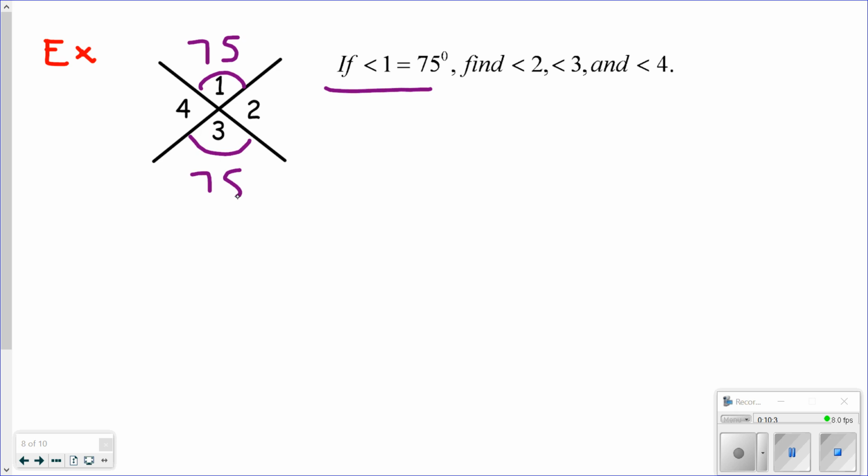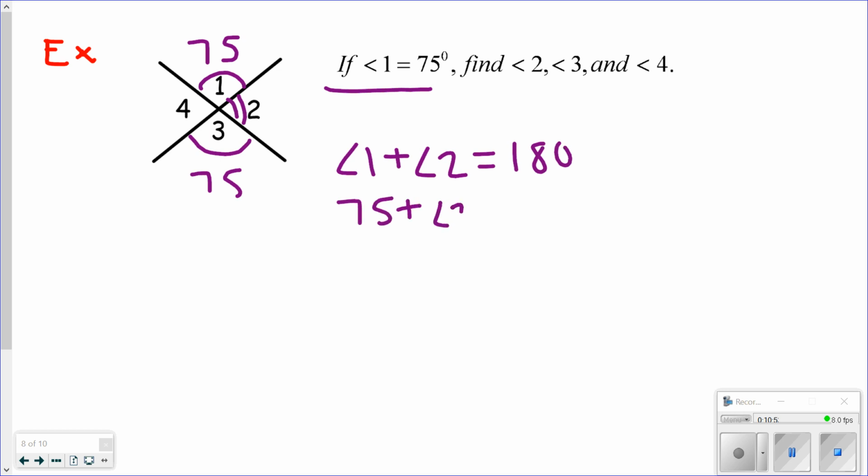All right, so now let's move to angle 2. Well, what type of angles are angle 1 and angle 2? They're supplementary angles. They add up to 180. So if I know that angle 1 plus angle 2 is equal to 180, and angle 1 is equal to 75, then 75 plus angle 2 is equal to 180.